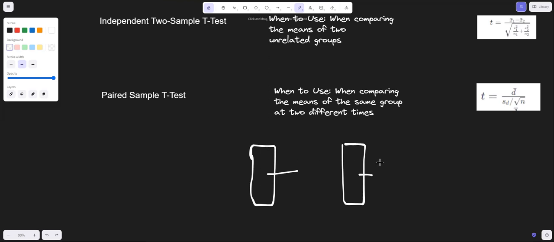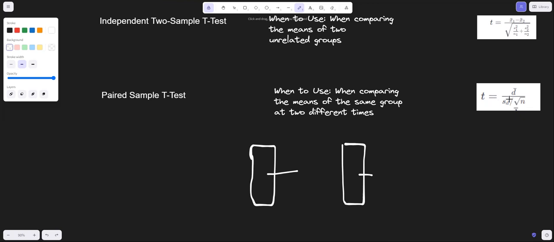I have the same number of patients, the same group of people, but comparing their mean before and after an incident is a popular use case of the paired sample t-test. So we use it when we compare the mean of the same group at two different times.